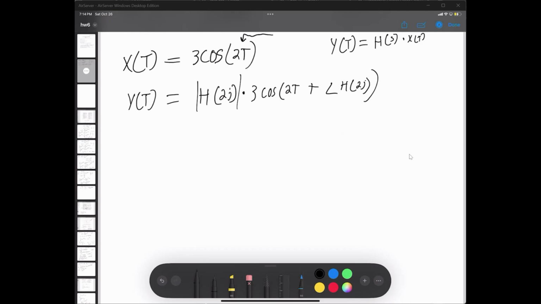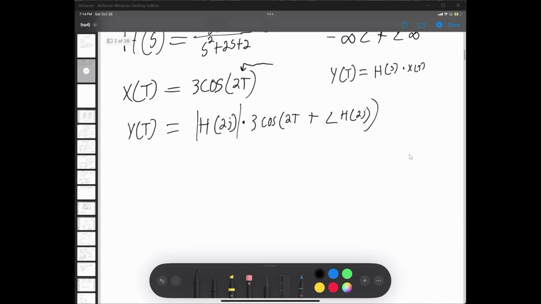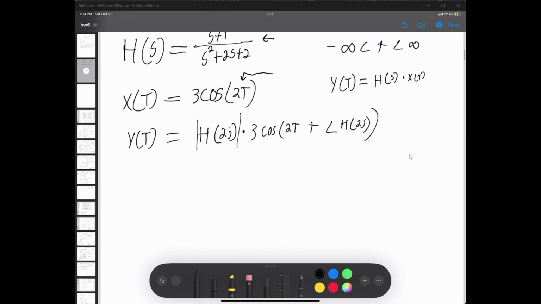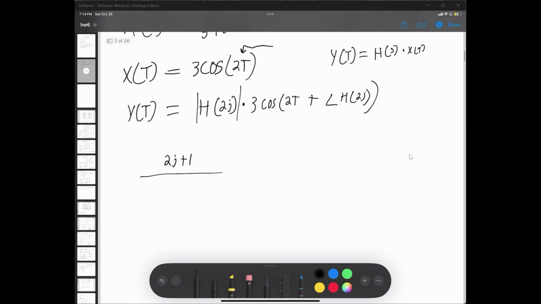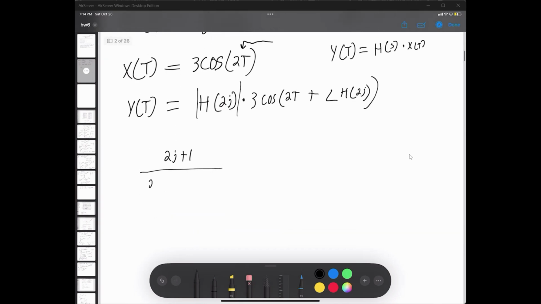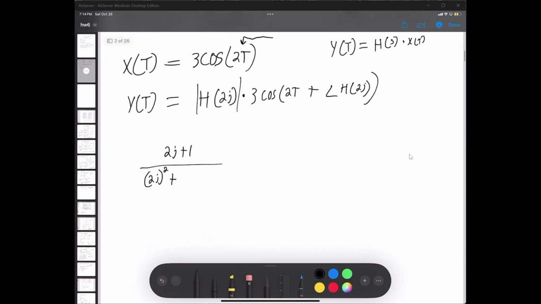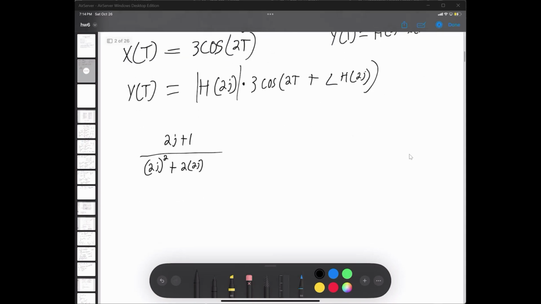So we're going to plug into the transfer function 2j wherever there's an s. So we have 2j plus 1 over 2j squared plus 2j plus 2.